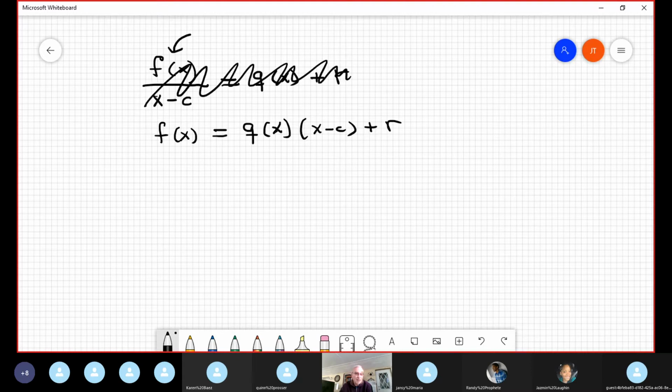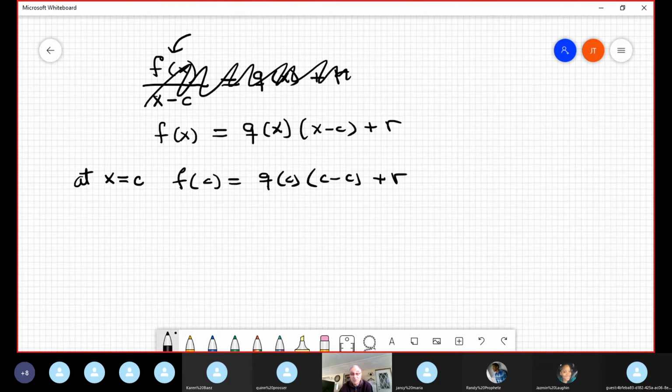If you evaluate at x equals c, it's obvious that f of c is equal to q of c times c minus c, plus r.